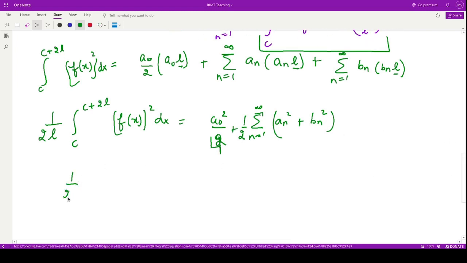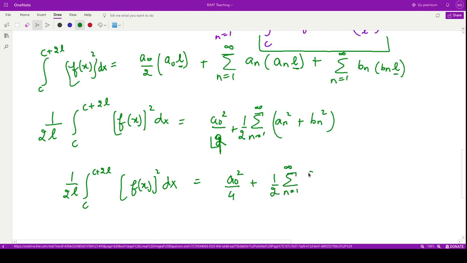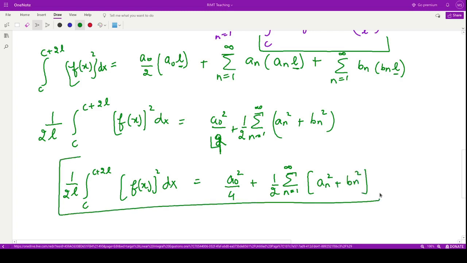So we have 1 by 2L integration c to c plus 2L of f of x whole square dx. This quantity is equal to a naught square by 4 plus 1 by 2 summation n varies from 1 to infinity of the term an square plus bn square. So this is your Parseval's identity.